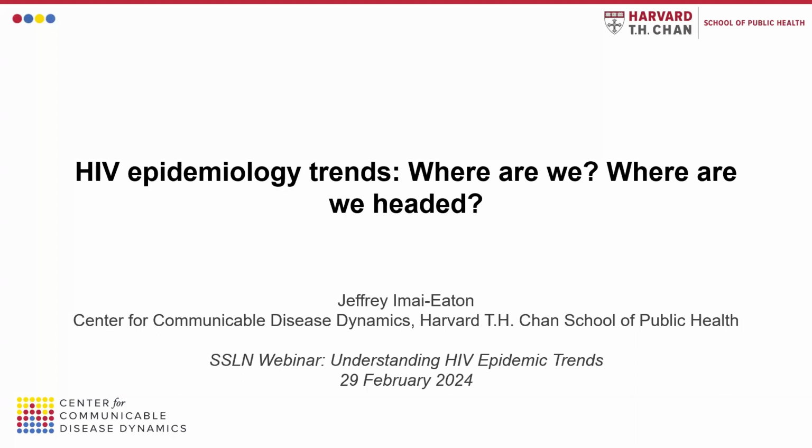In most of the studies, we have sampled a very large number of communities. In Botswana, for example, it was 30 communities spanning the entire country. In Zambia as well, very large communities representing different spectrums of the epidemic. And in Uganda, they've been following cohorts for a long time. But we understand that we may be missing some core groups.